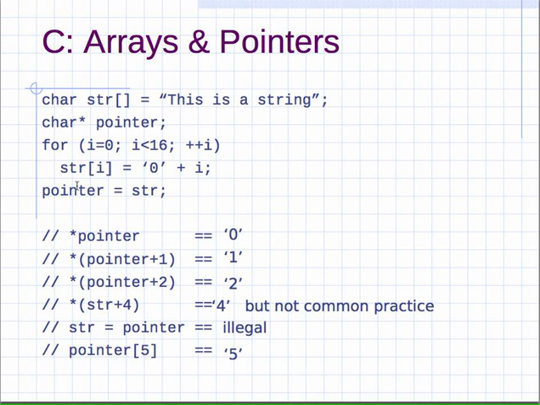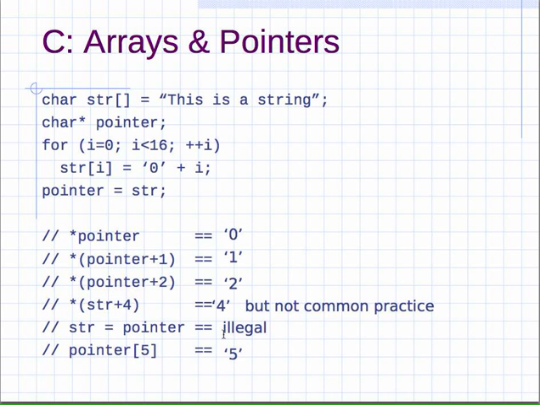So you can say pointer is equal to str, but not str is equal to pointer. That's illegal. You can use array notation with pointers, and you can do the opposite. You can use pointer arithmetic with an array, but it's typically not done.